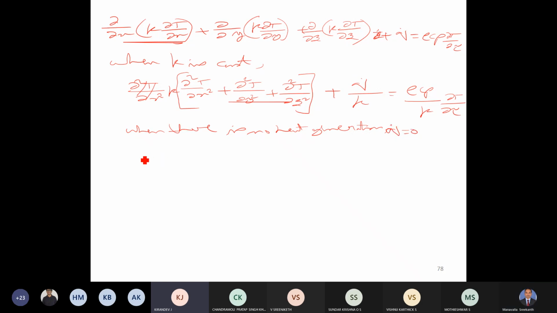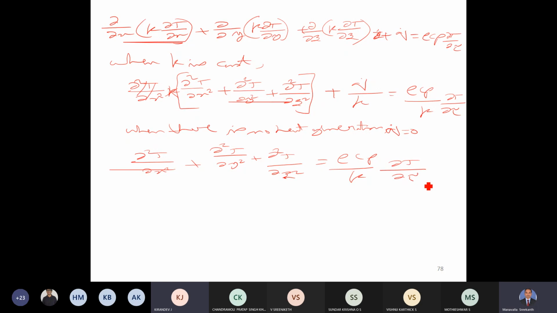So we will have ∂²T, okay, sorry, this k must not be here because I have taken it to the right hand side. ∂²T/∂x² plus ∂²T/∂y² plus ∂²T/∂z² is equal to rho cp by k ∂T/∂τ. So this is the governing equation of the present problem.